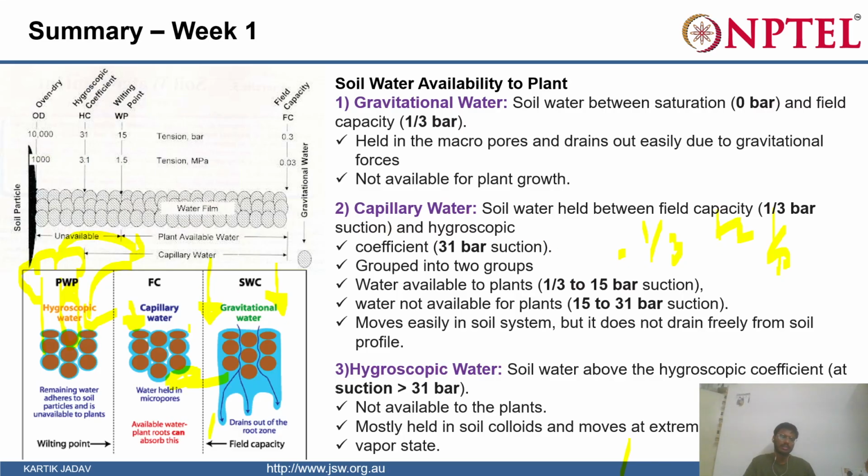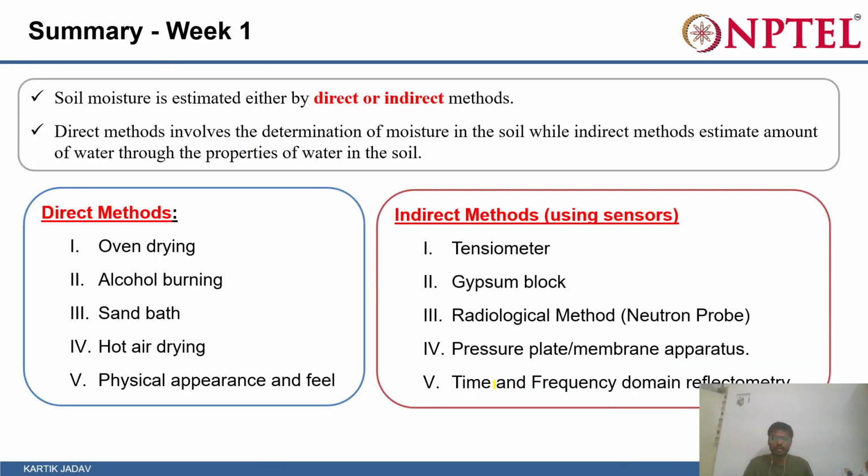Capillary water is part of what you can also call available water. That lies between one third to 15 bar. Water not available to plants comes under 15 to 31 bar. Whatever water is held very tightly on the soil particles, at pressure greater than 31 bar, cannot easily be extracted under normal conditions. That is called hygroscopic water.